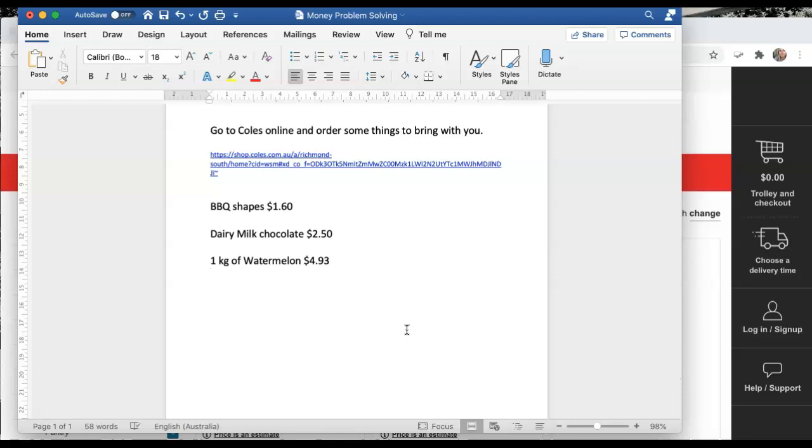Now, one last thing I want to show you is we are working with decimals because we are working with dollars and cents. So it's really important that when you're doing your adding, that you might need to even pop it into a table so that it's nice and straight, but you need to make sure that your place value is nice and aligned so that when you do your adding, you can make sure that your columns are lined up.